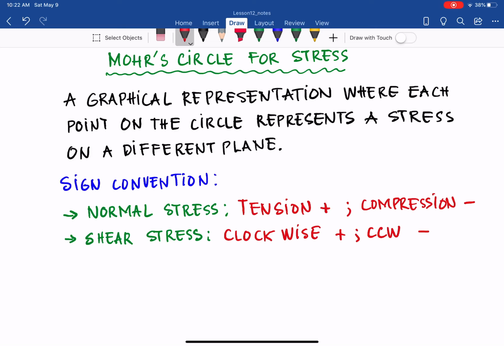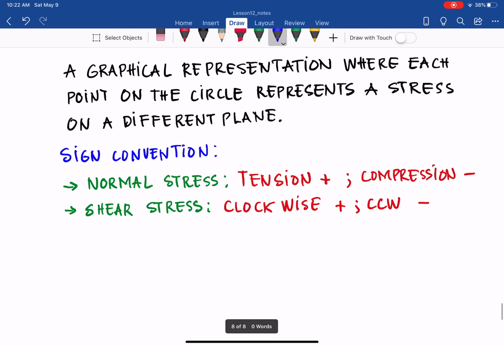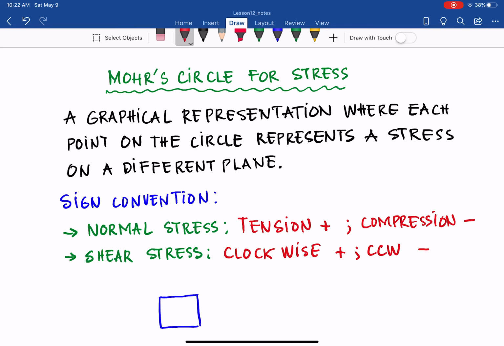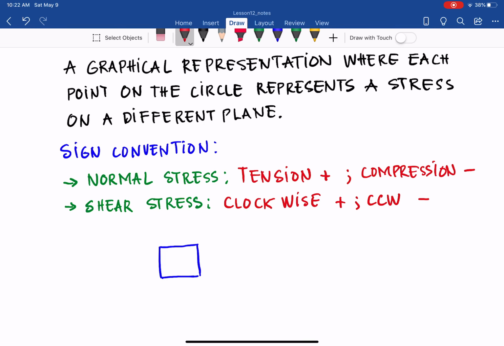Let me give an example here. If we have a block, from the study guide by the way, in the x plane we have tau xy and we have sigma x, and of course the other way it has to go, so you have sigma x as well.